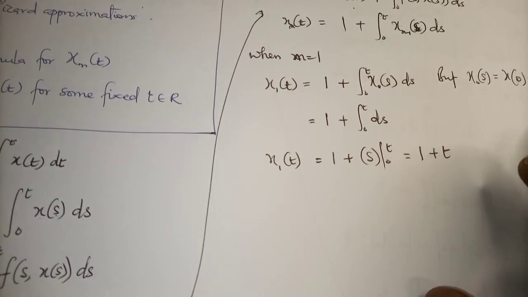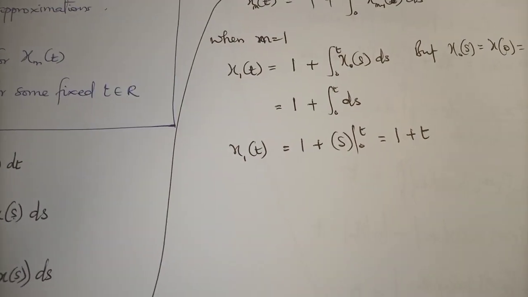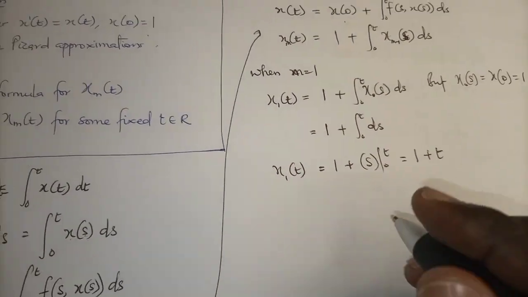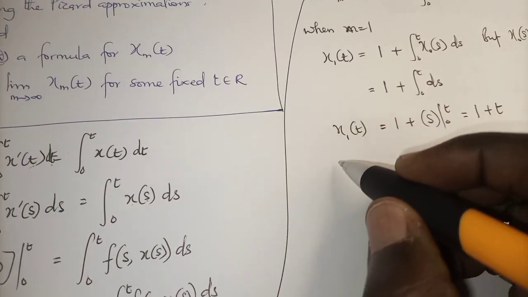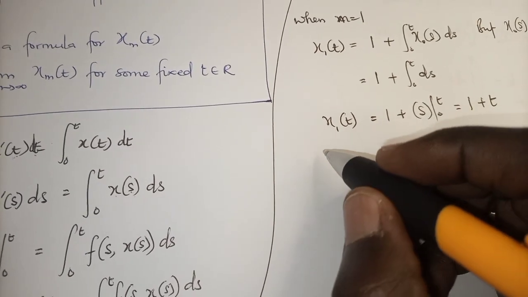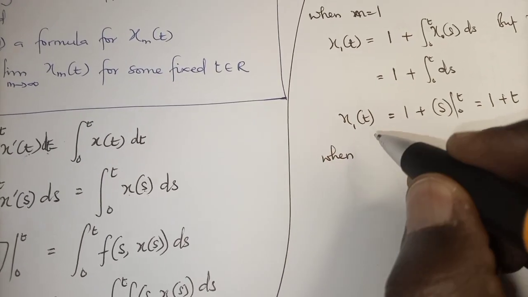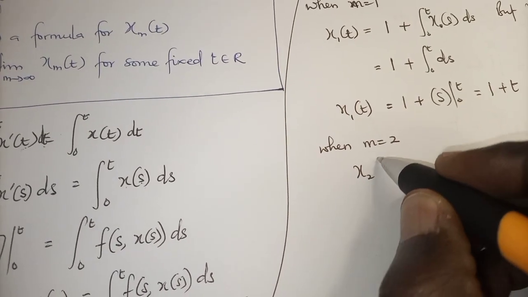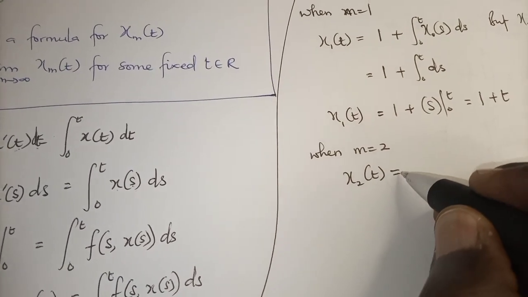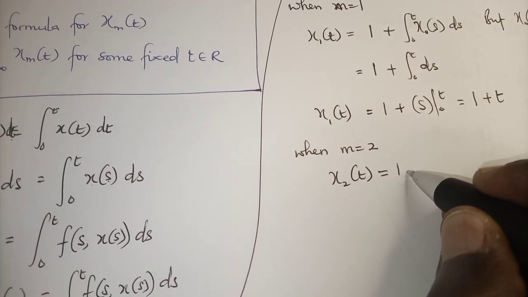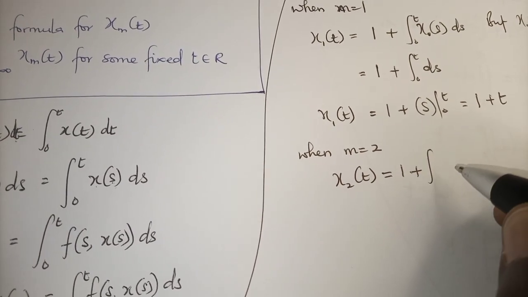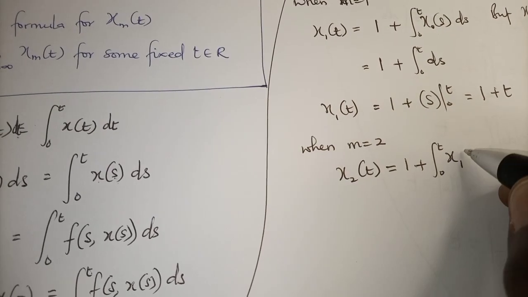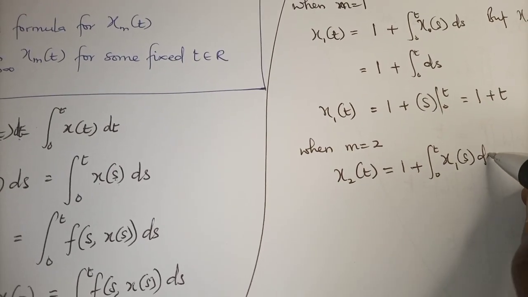So we do the same for m equals 2. When m equals 2, we'll have x sub 2 of t equals the same thing, 1 plus the integral from 0 to t of x sub 1 of s ds.